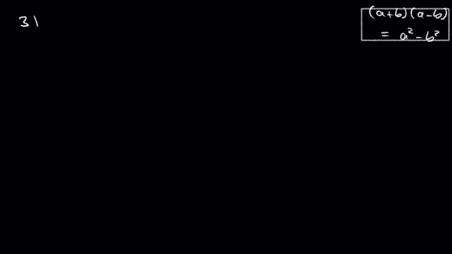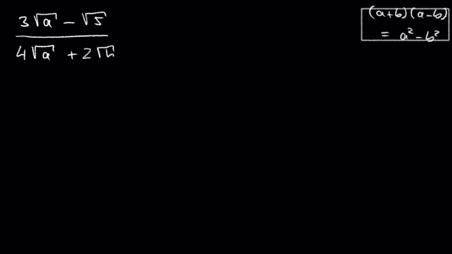3 times the square root of a minus the square root of 5 over 4 times the square root of a plus 2 times the square root of b.